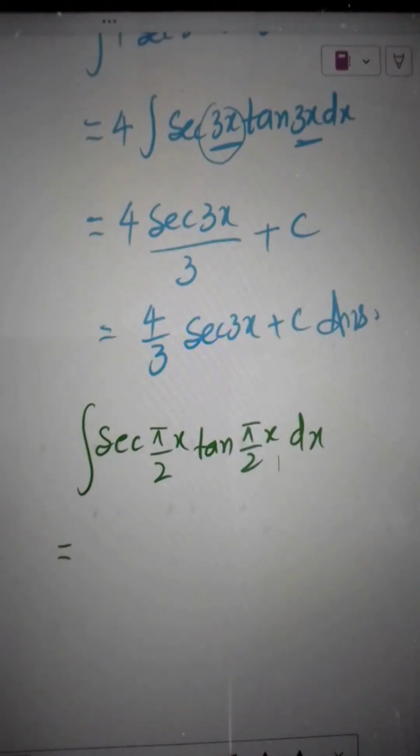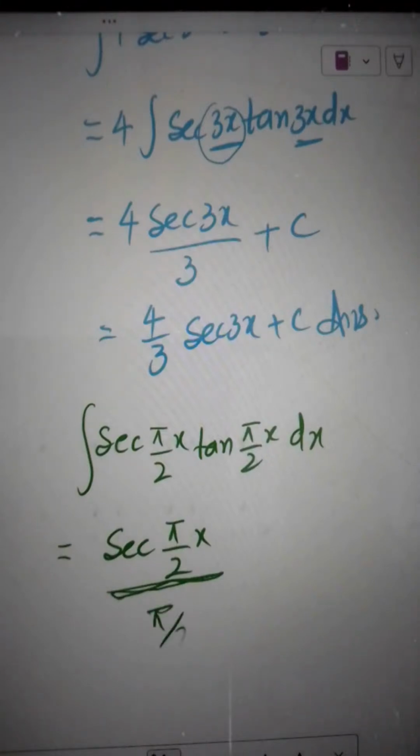As we have the knowledge of differentiation, we know that this is the derivative of secant, so its integration is secant, with the same angle pi by 2x appearing here, and this will be divided by the derivative of the angle. The derivative of pi by 2x is pi by 2, so it will be divided by that, plus c.